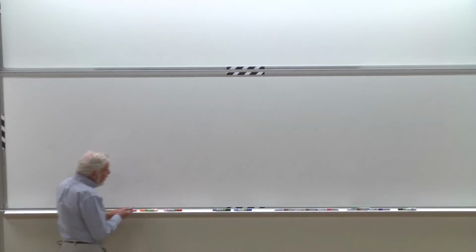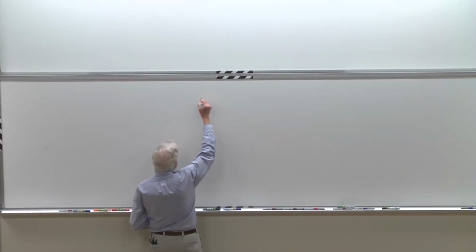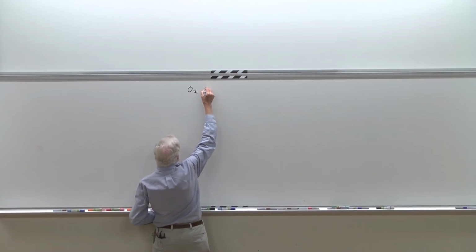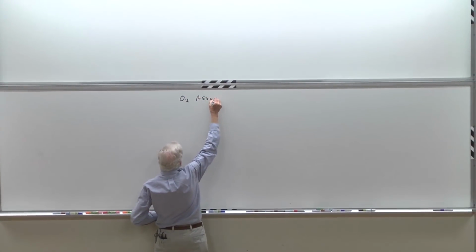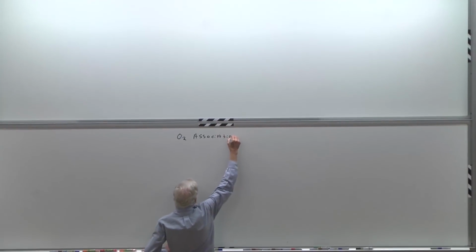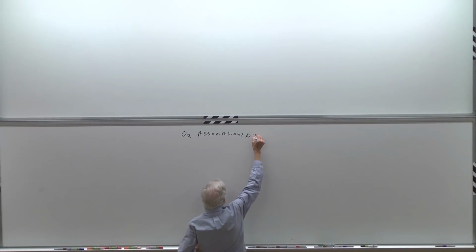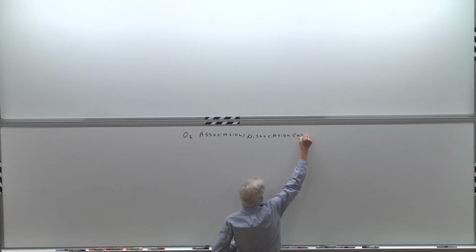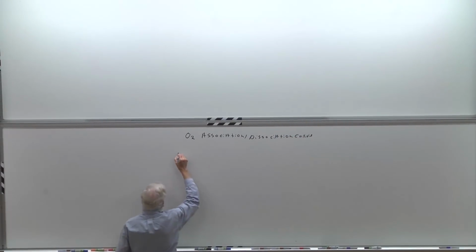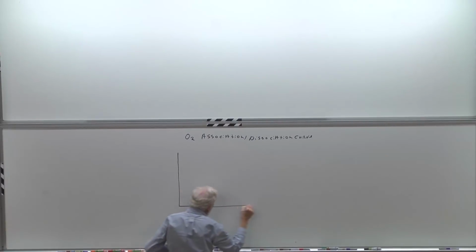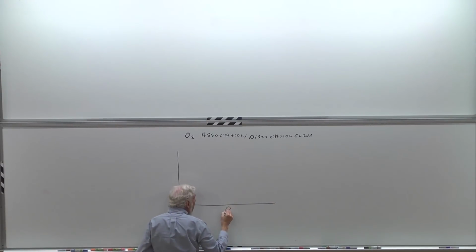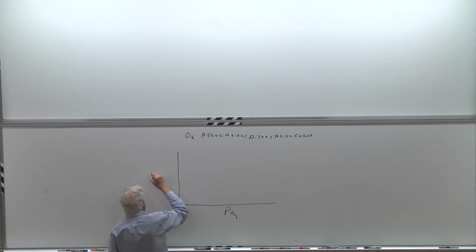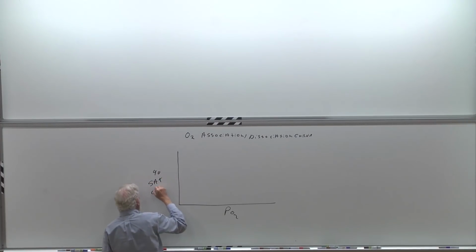So what we want to do, though, is we want to start here with our oxygen association/dissociation curve. This is where we left off on Friday, where we plotted PO2 and we plotted percent saturation of hemoglobin.